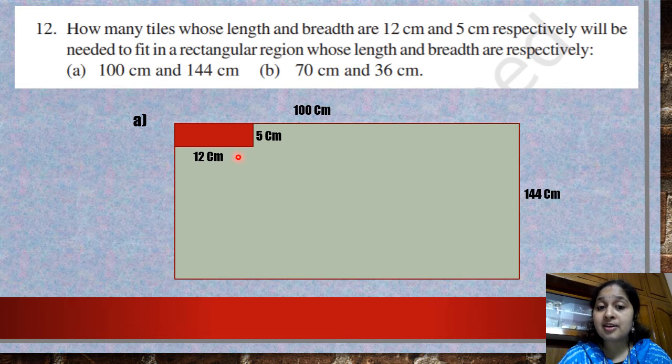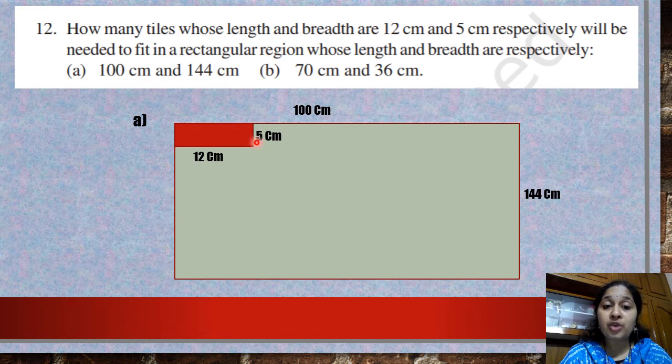Similar is here. If we know the dimensions of this rectangular region, can we find the area of this rectangular region? Yes, we can find the area of this rectangular region with the given dimensions. Once we find the area of the rectangular region, can we find the area of this tile, that is the space occupied by this tile?